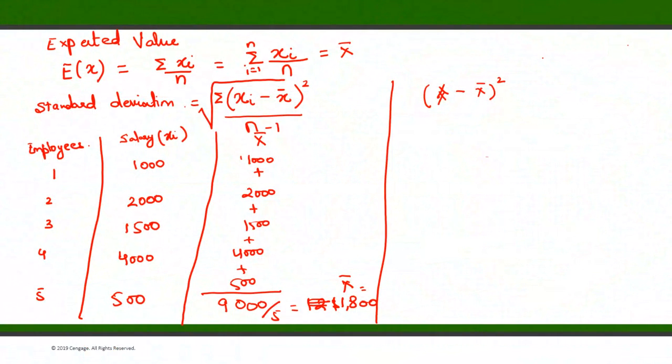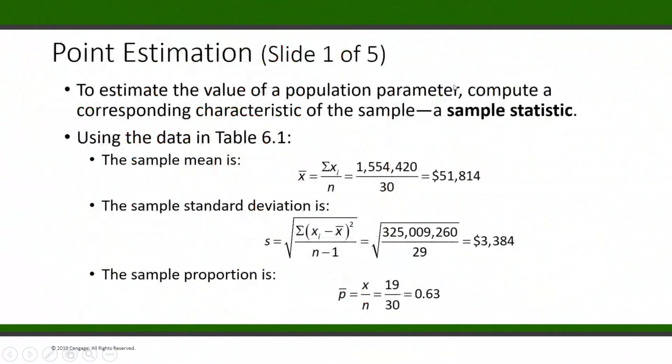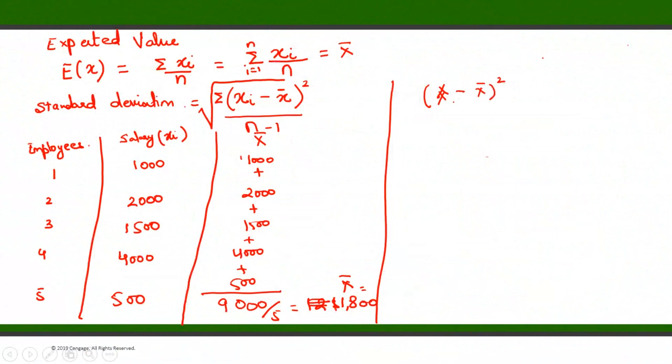All right, so let's do it again. So this is X, my XI. Oh no, I don't know why I just messed up. So this is XI minus X bar, and then taking a square.